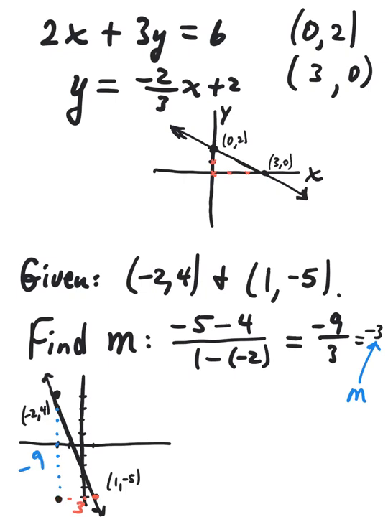Down 9 over 3. Remember, slope is also defined as vertical change over horizontal change. Always count from left dot to right dot if you want to use this technique. -9 divided by 3 is -3, and lo and behold, we get a match. And we're supposed to. Each line has a unique slope. Slope is a numerical value for the direction and the steepness of your line.